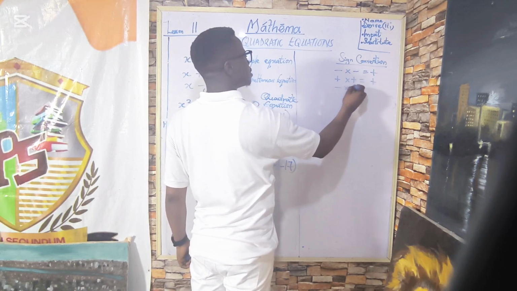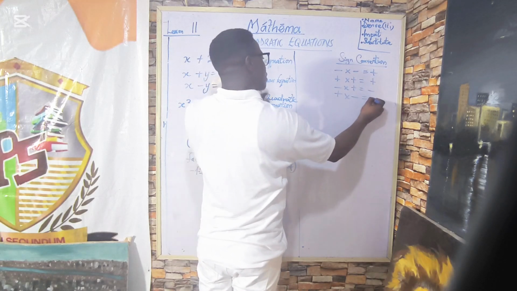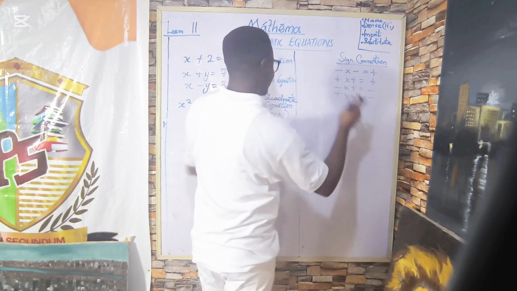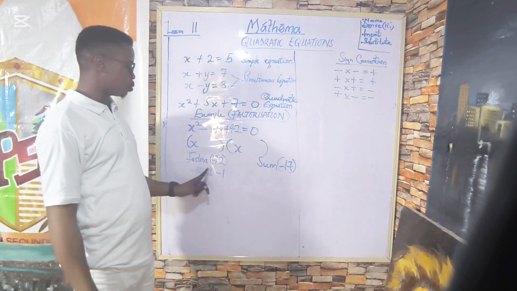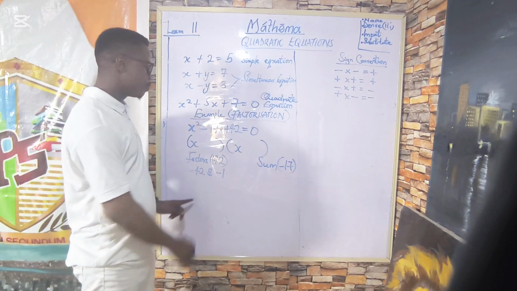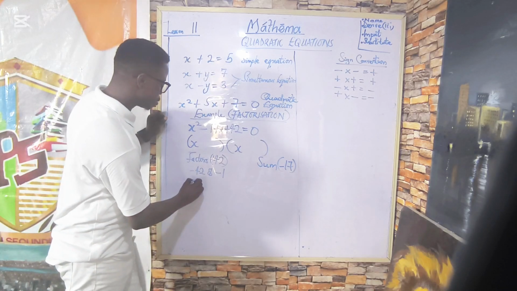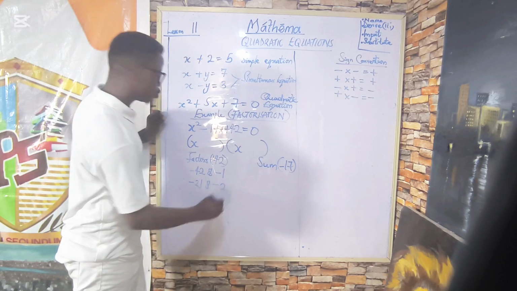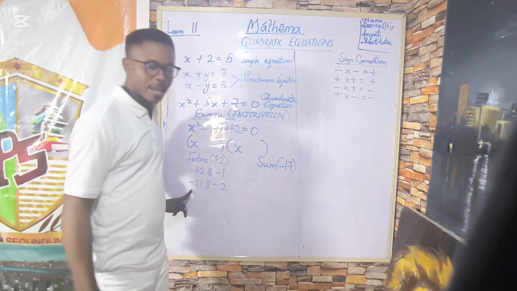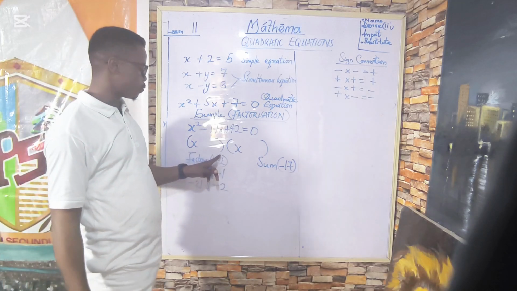Then we have minus times plus giving us minus, and plus times minus giving us minus as well. So here, minus 42 times minus 1 will give us plus 42. Another factor will be minus 21 and minus 2. Minus 21 and minus 2 will also give us plus 42.